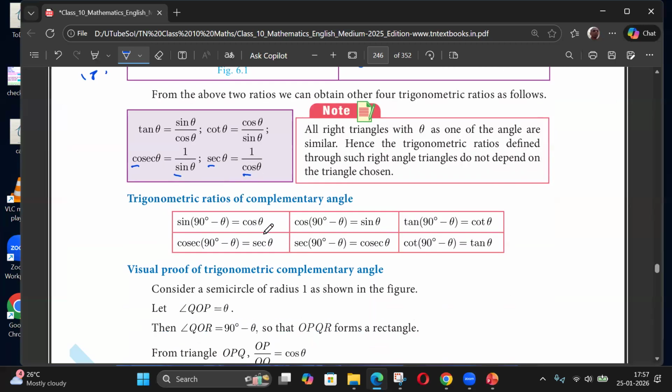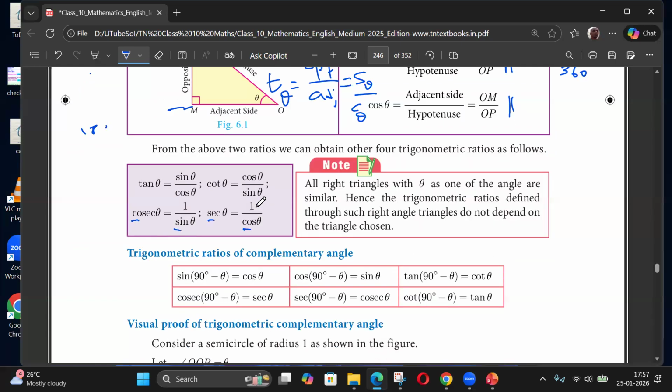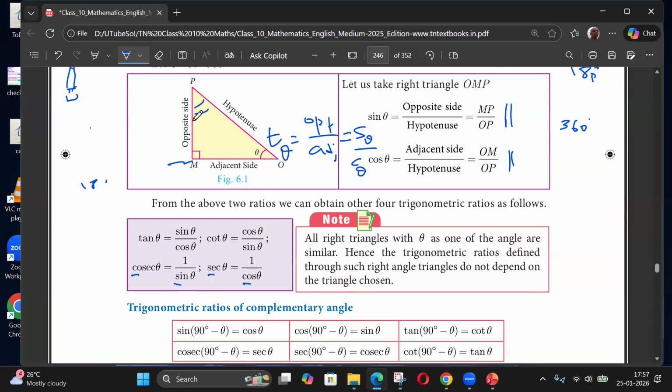Now some relations between sine of 90 minus theta and cos theta. This angle is theta, so this angle is 90 degrees minus theta. Sine of theta is MP by OP. If we take sine of 90 minus theta, it will be OM by hypotenuse.